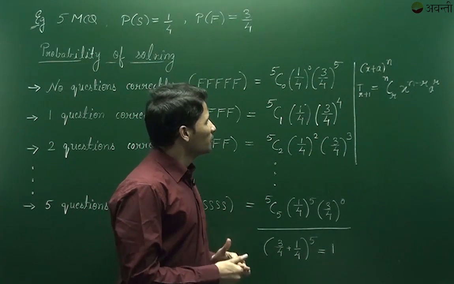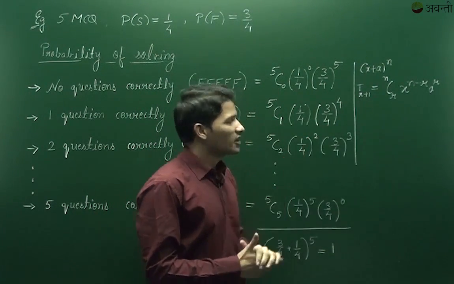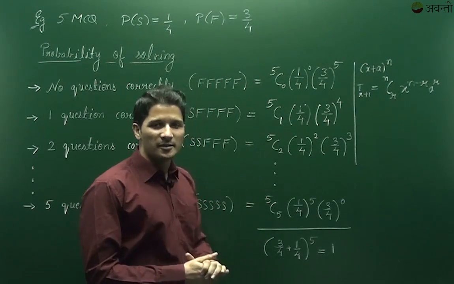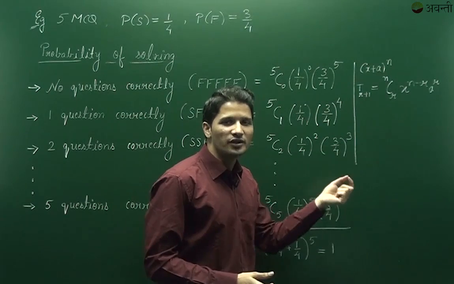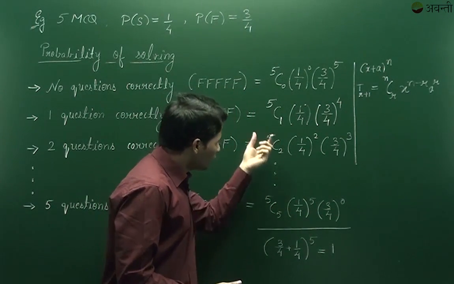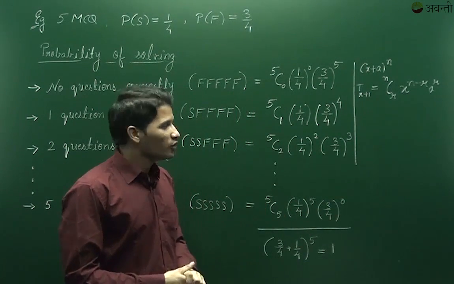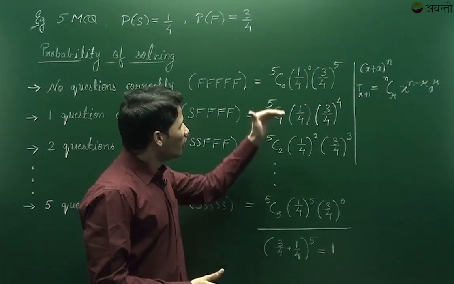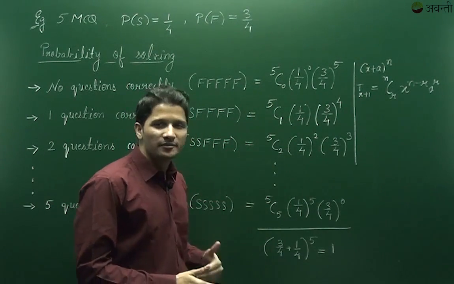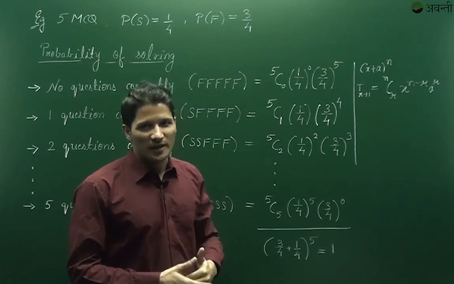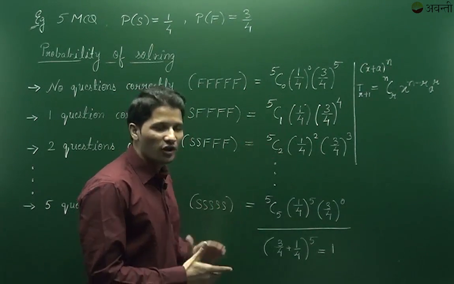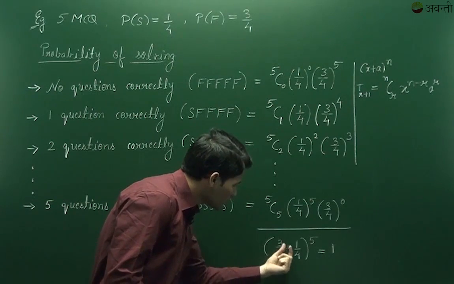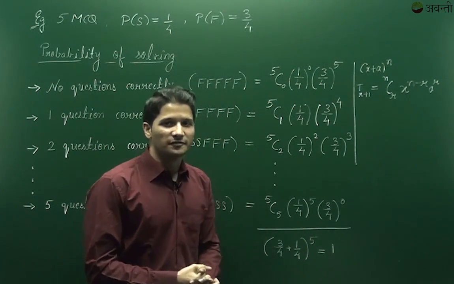And similarly if you put r equal to 1 in this term, then you get this term. And similarly, if you put all the values of r equal to 2, 3, 4, then you get all these remaining terms. So in short, we can say that all these individual terms are terms of binomial expansion. So this is the binomial expansion of (3/4 + 1/4) raised to power 5.